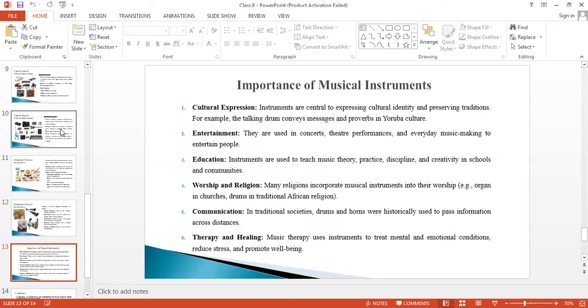We have the importance also. They gain importance in cultural expression, in entertainment, in education, worship and religion, communication, and therapy for healing.